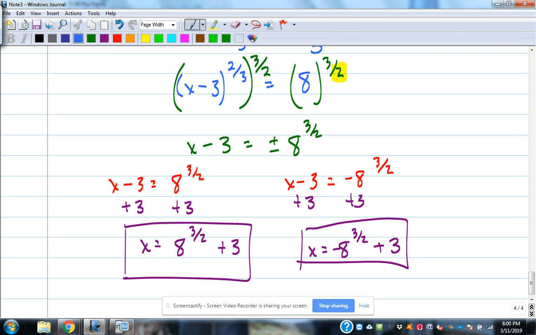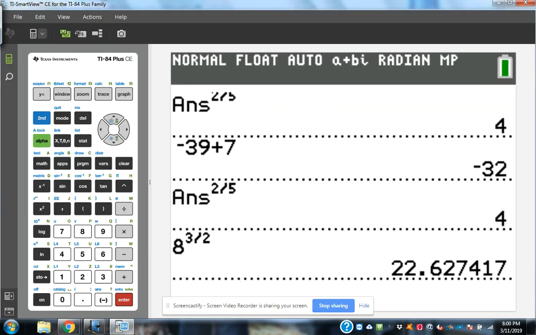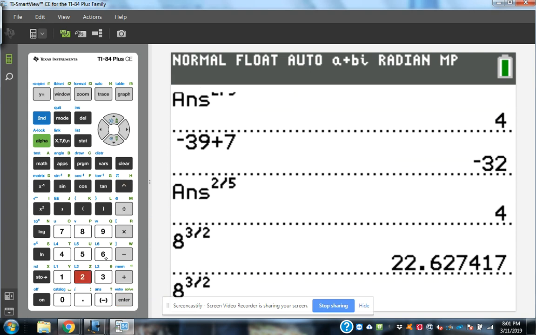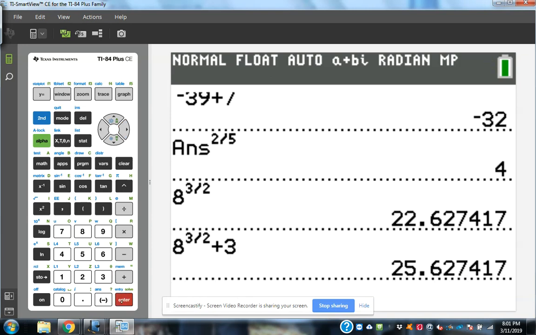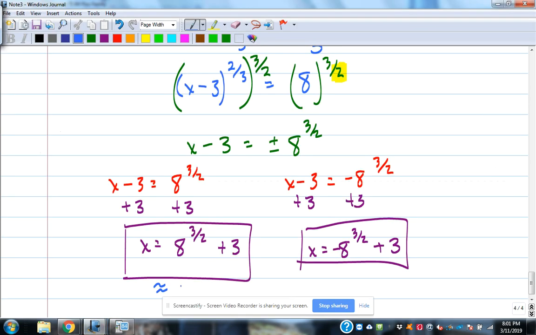So we could get the decimal approximations for those. 8 raised to the 3/2, and then plus 3, 25.63. Let's go two decimal places.